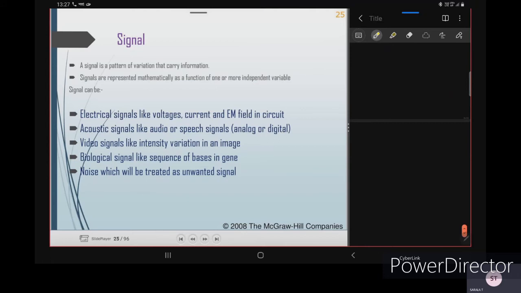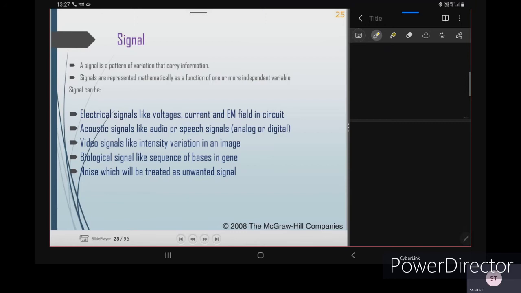Signals are represented mathematically as a function of one or more independent variables, like time and voltage. Electrical signals like voltage, current, and electromagnetic field in the circuit all come under independent variables which represent the signals.